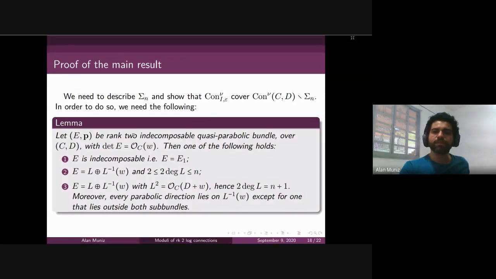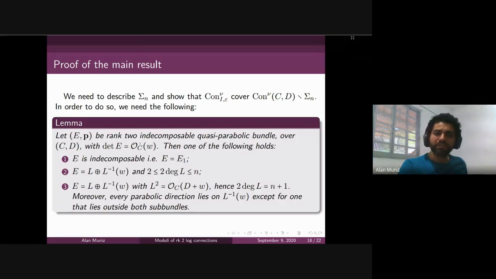Well, to see that, what we have actually for each underlying quasi-parabolic bundle is that it is either indecomposable, and we classified the quasi-parabolic vector bundles that are indecomposable.